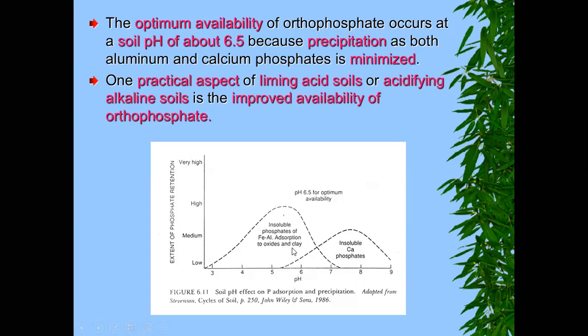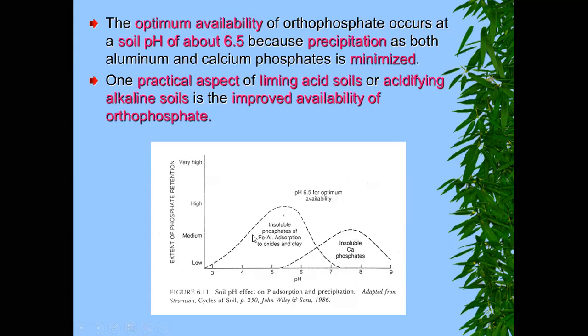So below pH 6, we said earlier that iron and aluminum is responsible for forming insoluble compounds, but at pH more than 6 or at alkaline pH, it forms insoluble compounds with calcium. So this indicates the retention, means minimum availability.